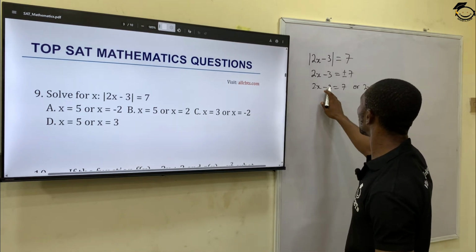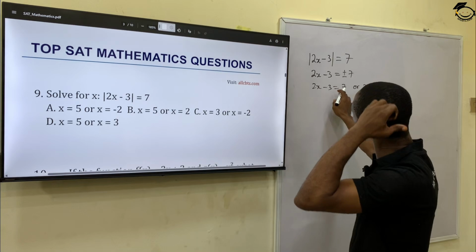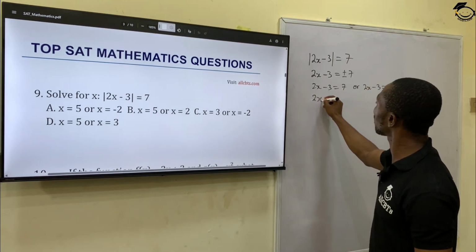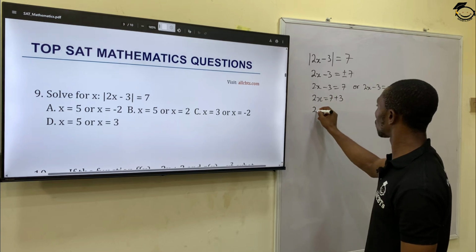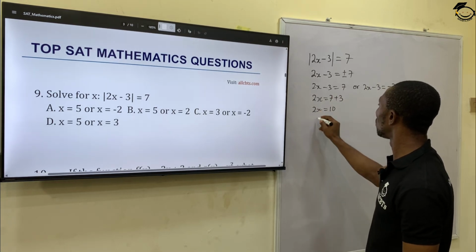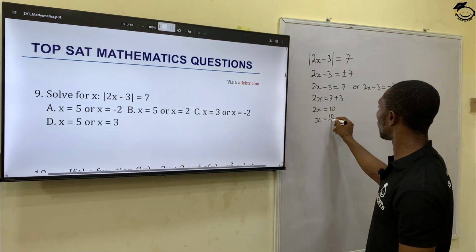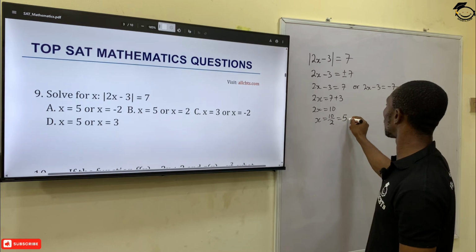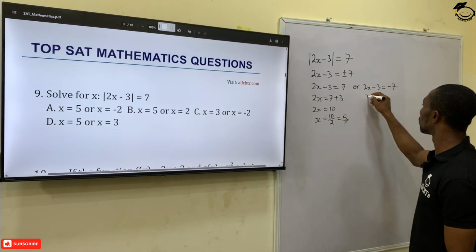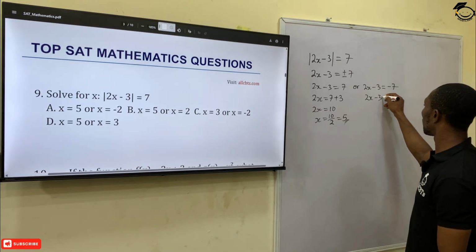All right, now 3 going over will give us 2x equals 7 plus 3, which will give us 2x equals 10. So x equals 10 over 2, which will give us 5.